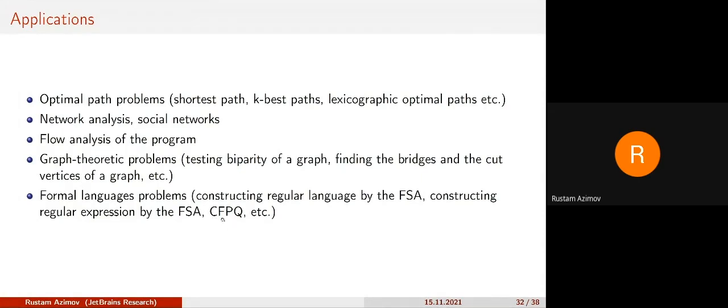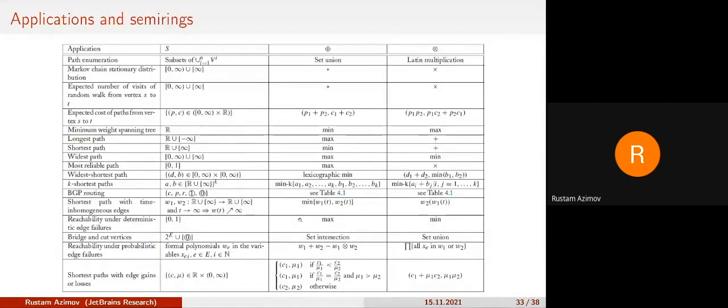Some algorithms are also algebraic path problems, and there are a lot of applications and semirings for them. Here, for example, we can see that if we want to find the shortest path in a weighted graph, we use such a carrier set and min-plus operations.